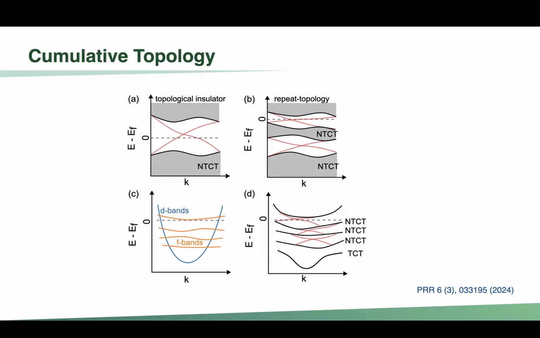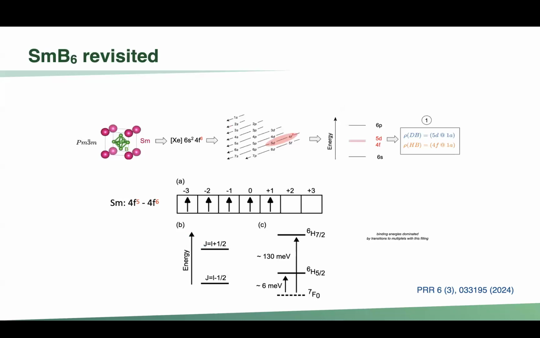So in the case of having f flat bands crossed by a dispersive d band, for example, we're going to have many gaps, and we only need one gap to be topological in order to have a bunch of gaps that are topological. So it means that you have some freedom to even move up and down below the Fermi level. And this is something that came from all these high throughput searches, and this is what we expect to find in this type of heavy fermion materials.